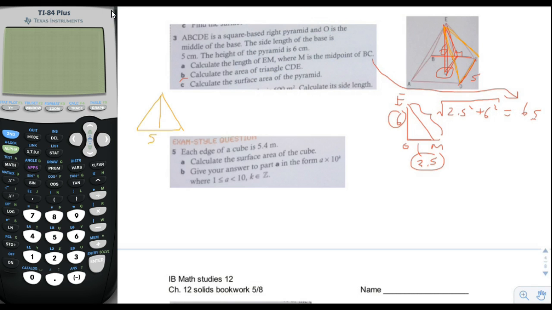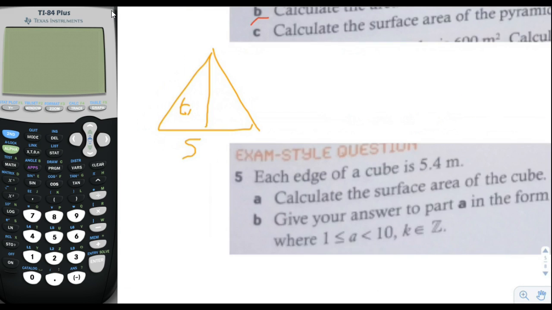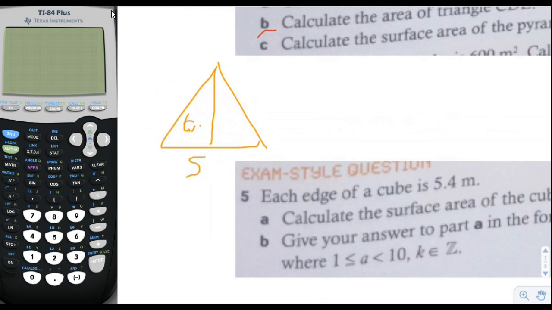And the slant height of CDE, we just found it at 6.5. To find the area of this triangle, it's just 1/2 base times height. 1/2 times base, which is 5, times the height, which is 6.5. So that's equal to 6.5 times 5 times 0.5 is 16.25.